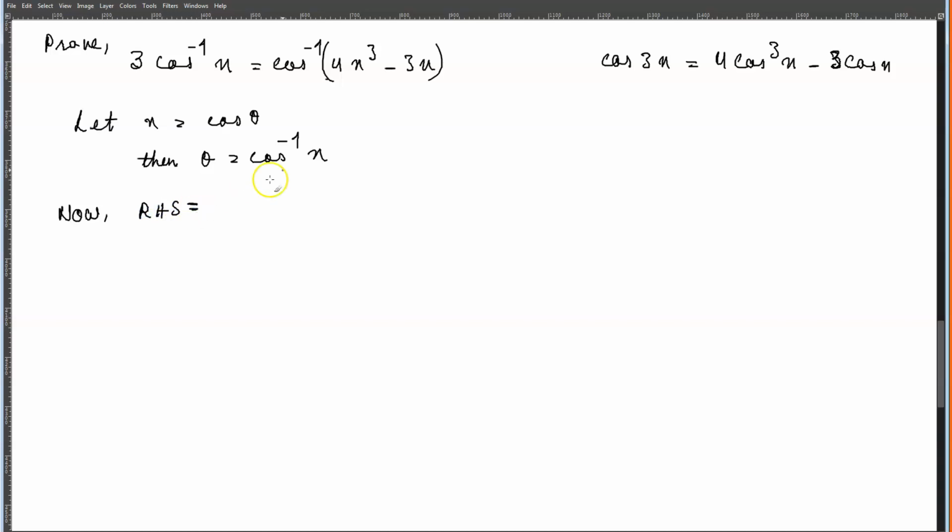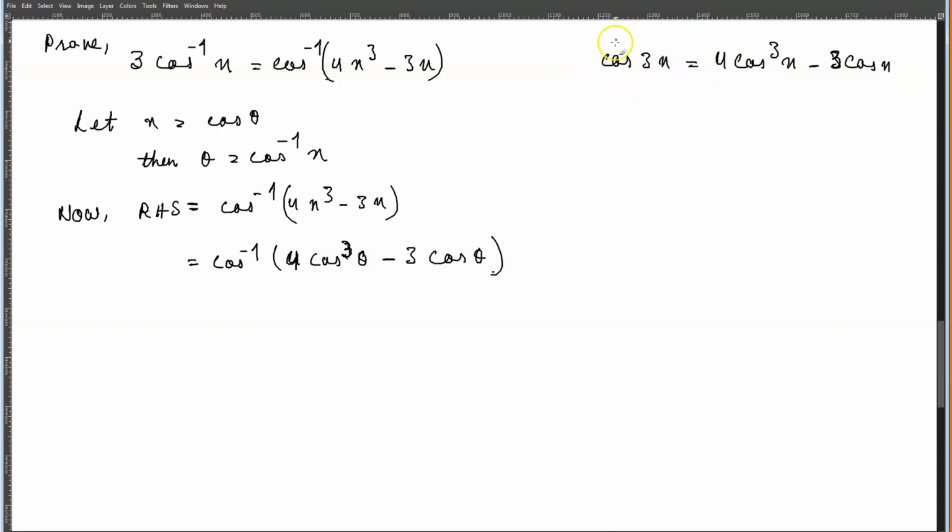is equal to the cos inverse of 4x cubed minus 3x, which is equal to the cos inverse of, now x is equal to cos theta, so 4 times cos cube of theta minus 3 times cos theta, and 4 cos cube theta minus 3 cos theta is equal to cos 3 theta.